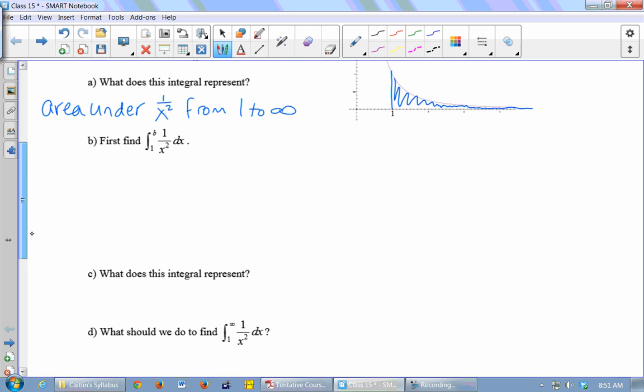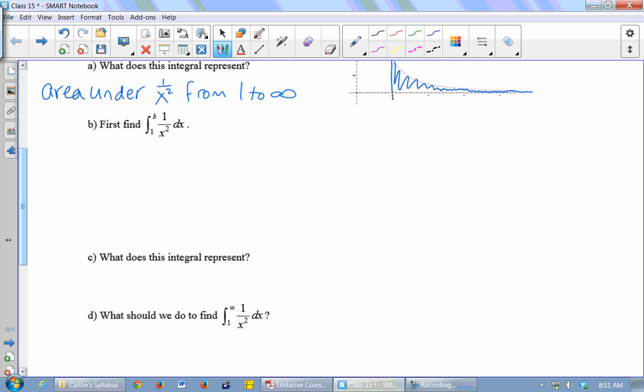So the integral from 1 to b, 1 over x squared, take the antiderivative, and I get negative x to the negative 1, evaluated from 1 to b. Plug in a b, and then subtract what you get when you plug in the 1.